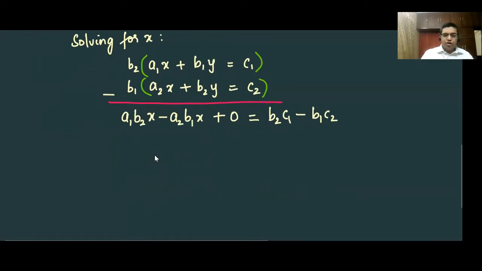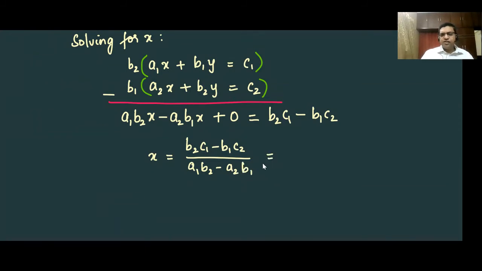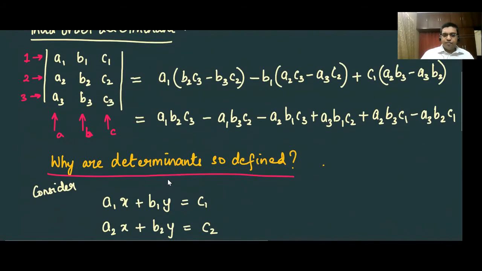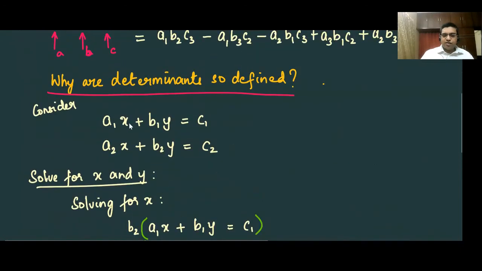So when you take x common and find x, you get b2 c1 minus b1 c2 by a1 b2 minus a2 b1. What is this? Look at the denominator, a1 b2 minus a2 b1. It is the determinant of a1 b1 a2 b2. Come to the simultaneous equations.